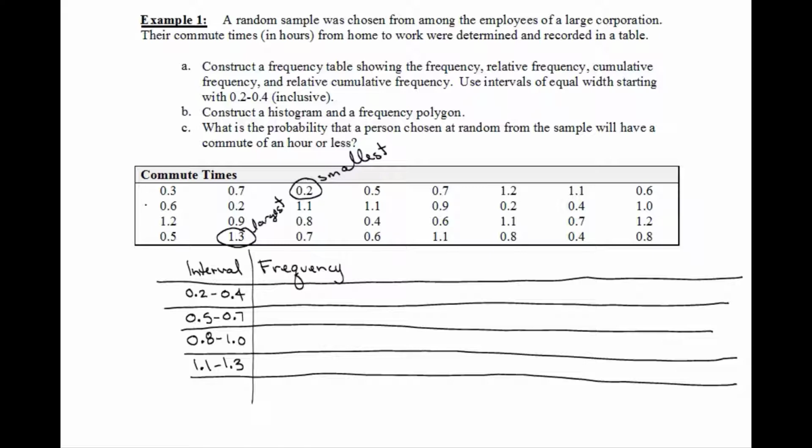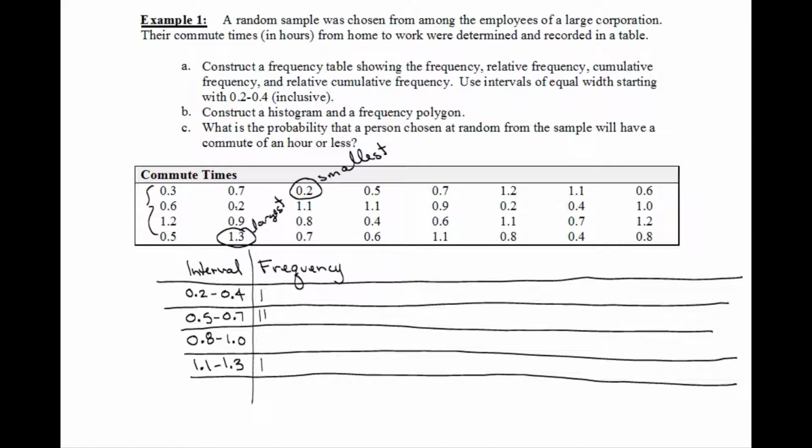If I start with the first column right here, 0.3 will end up here, 0.6 in the second category, 1.2 in the last, 0.5 in the second category. Now we move to the second column. Doesn't matter if you work in columns or rows, you just want to be systematic.